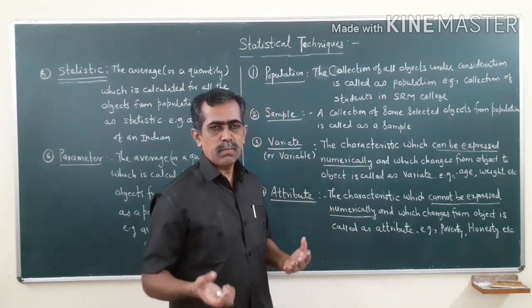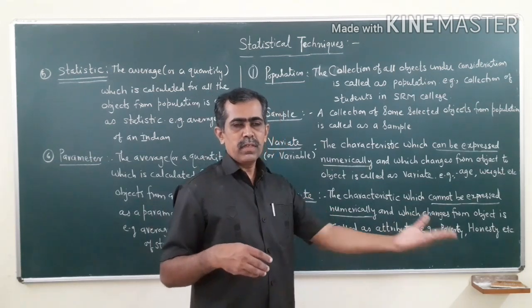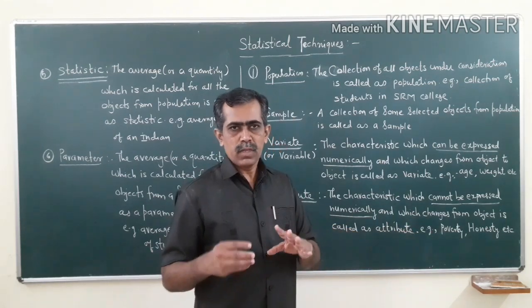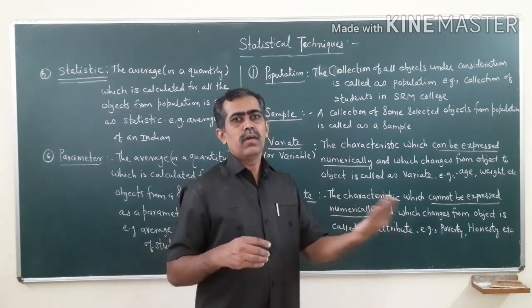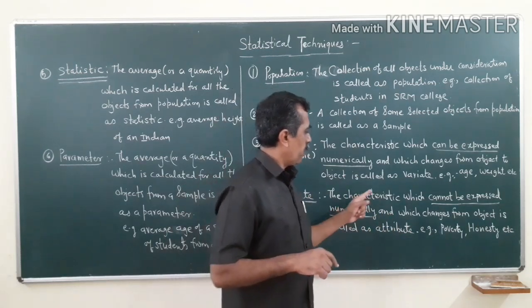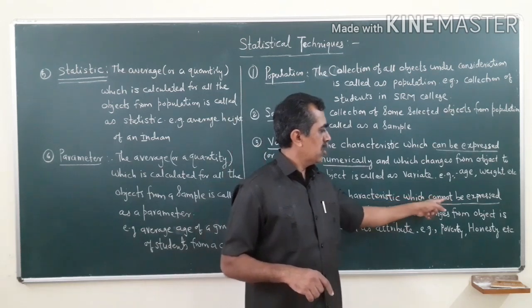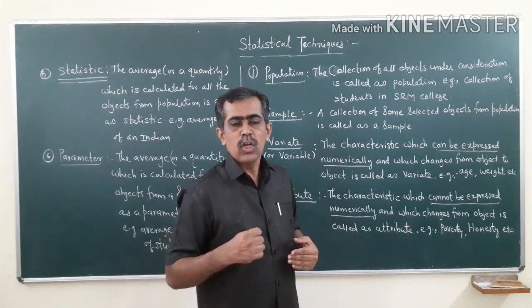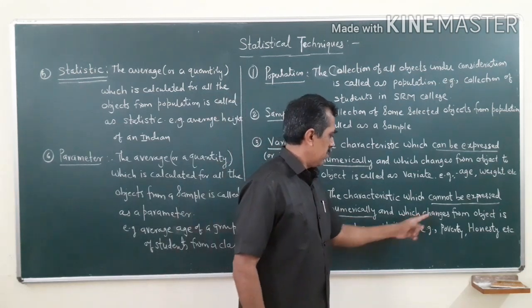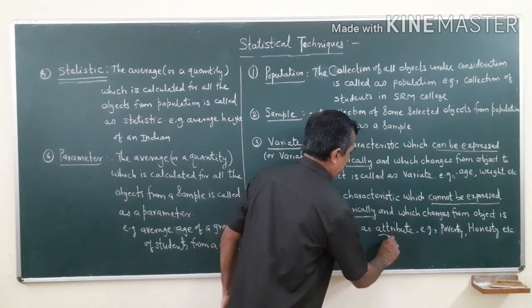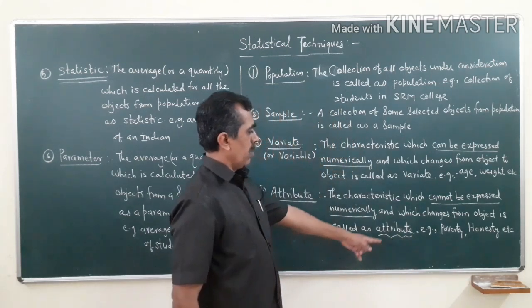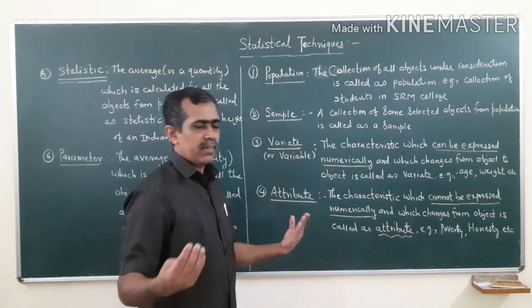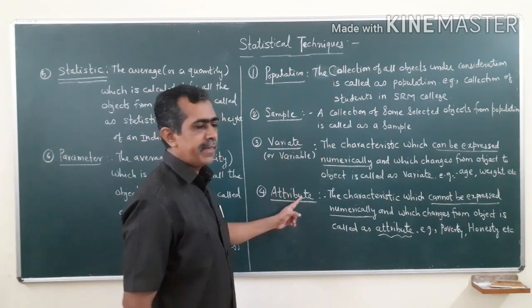Suppose I have a person, I can say only whether he is poor or not, whether he is honest or not, exist or not exist. The quality of honesty, whether it exists or not. Such properties which cannot be expressed numerically, only whose existence or non-existence can be noted, are called as attributes. For example, poverty, honesty, intelligence, etc. So this is about attribute.